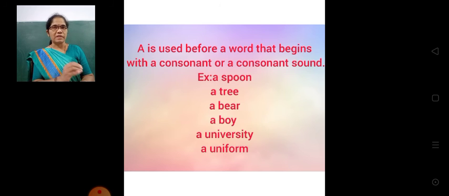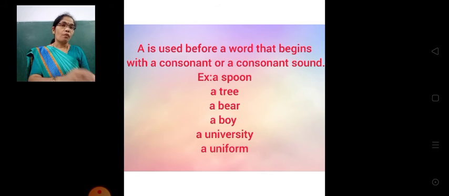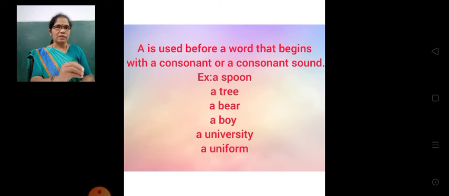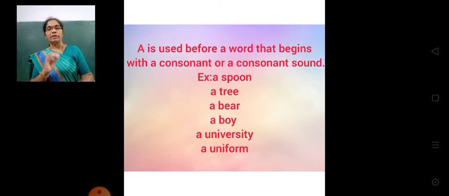The pronunciation is YU, and so these words begin with the Y sound, and we know that the letter Y is a consonant. So we have used the article a before words such as a university and a uniform.